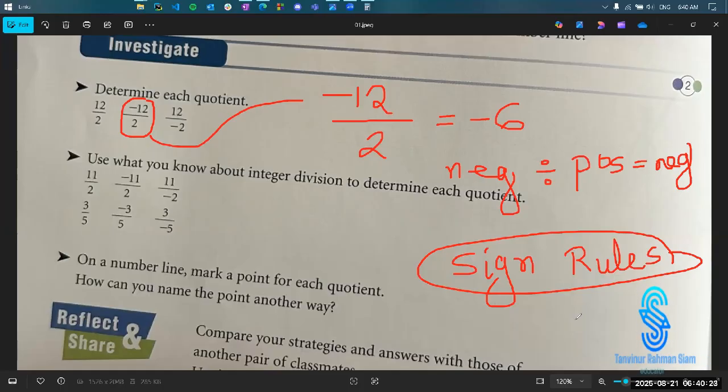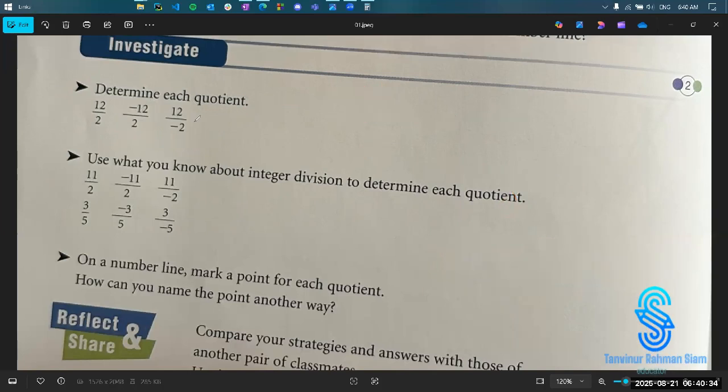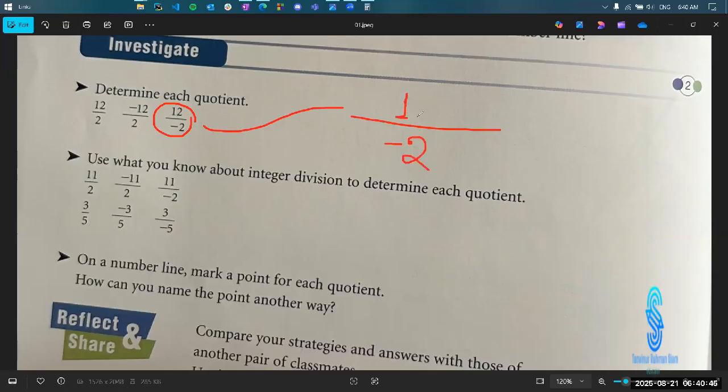Got it? And hopefully you know sign rules from before. So after that, we have another number, 12 over minus 2. So here our denominator is minus 2 and the numerator is 12.